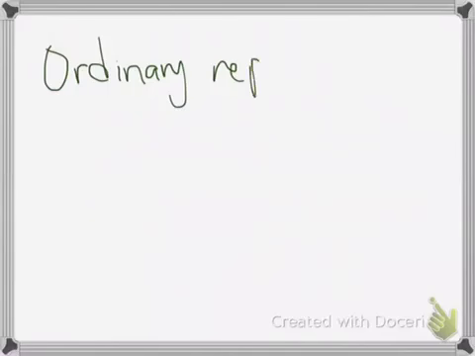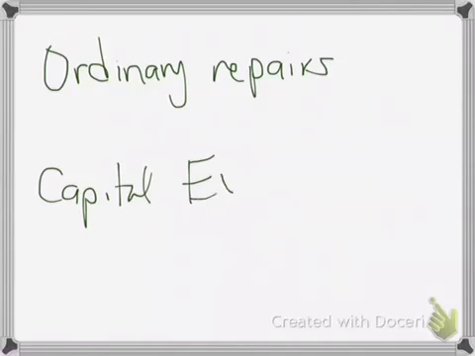Other things to look at as far as this chapter goes are some of the expenditures during the useful life, because we have to break it up into what the ordinary repairs are versus what a capital expenditure might be.